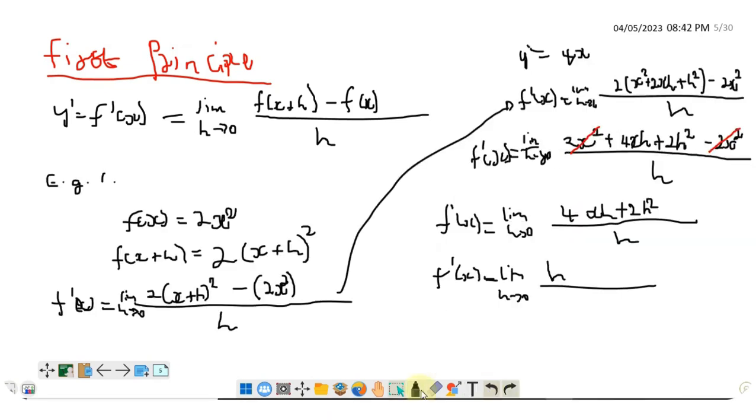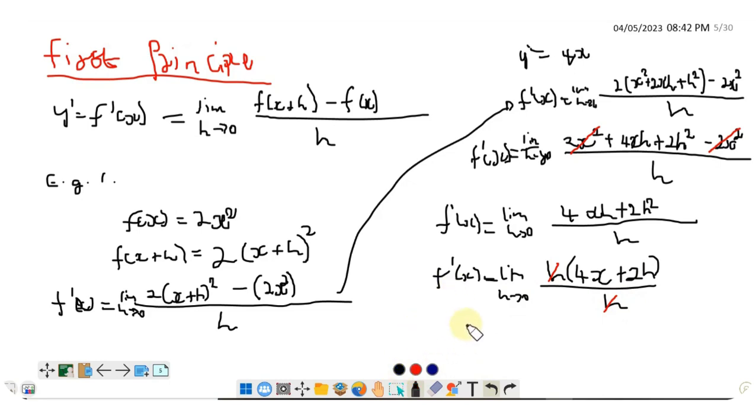Taking h out, I have 4x plus 2h, since h squared gives h, all over h. The h at the top and the h at the bottom cancel out.